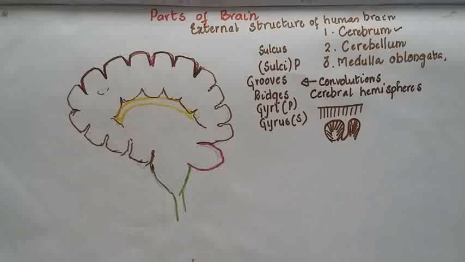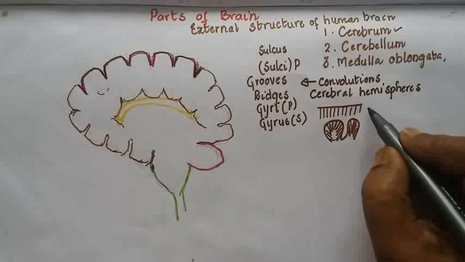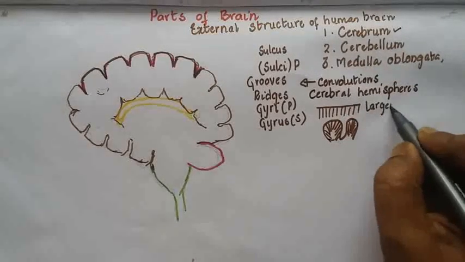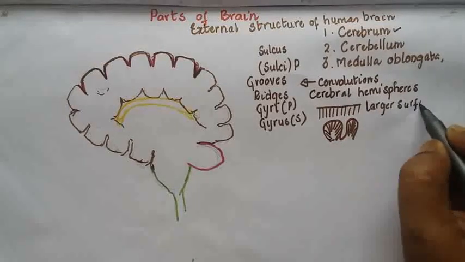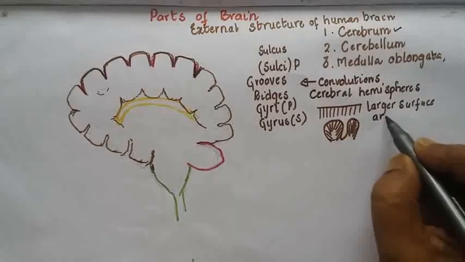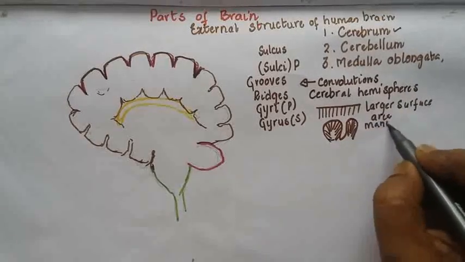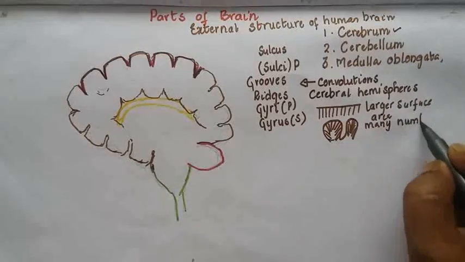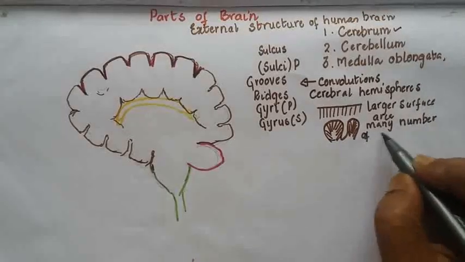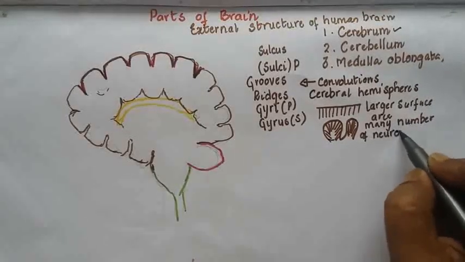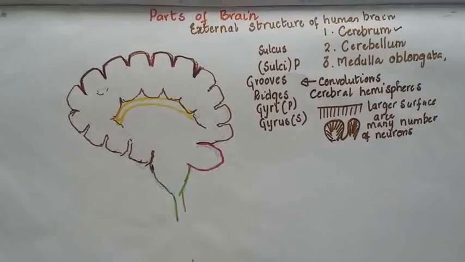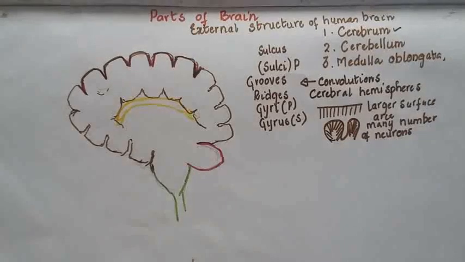Because of more convolutions, it provides a larger surface area, so that many neurons can be accommodated in the convolutions. So you can say that there are millions of neurons in the cerebrum performing a number of functions.